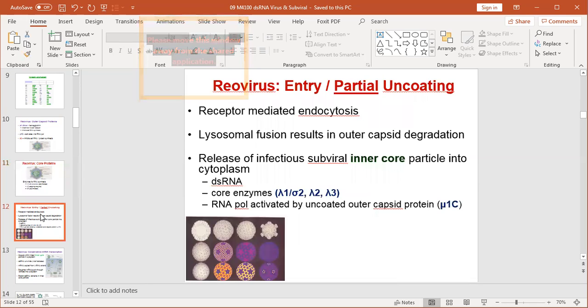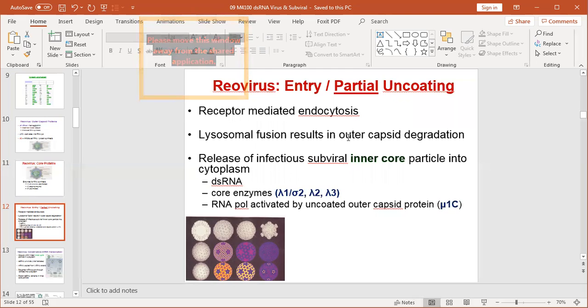So let's see slide number 12. Let's see how is the reovirus entry and partial uncoating. Entry of reovirus is through receptor-mediated endocytosis. Upon entry, lysosome is being formed, then lysosomal fusion results in degradation of the outer capsid proteins of the virus.